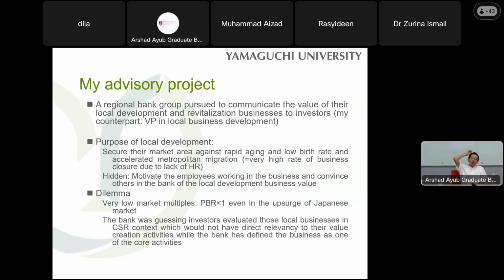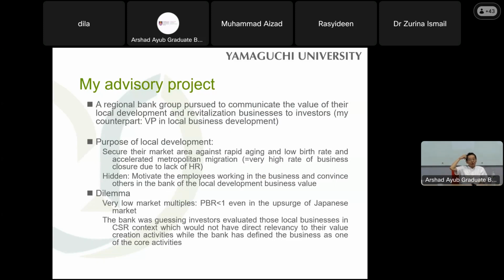Inspired by the success of this project, one of the regional bank groups pursued communicating their business for developing and revitalizing the local economy to investors.